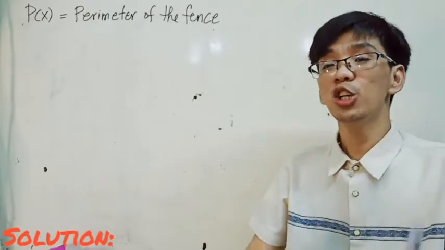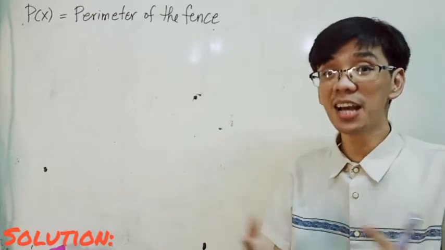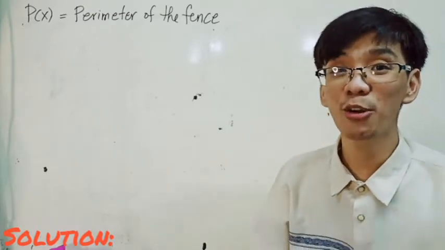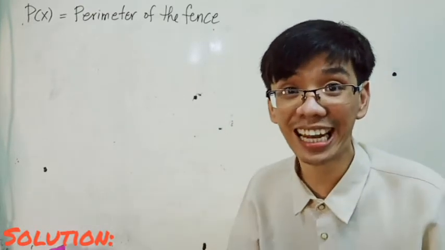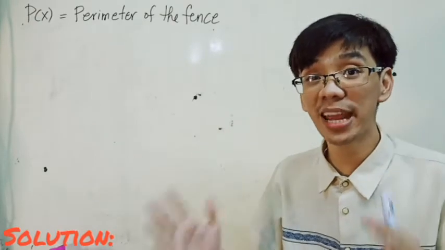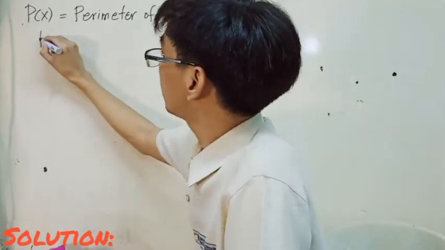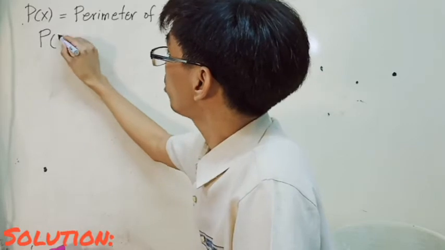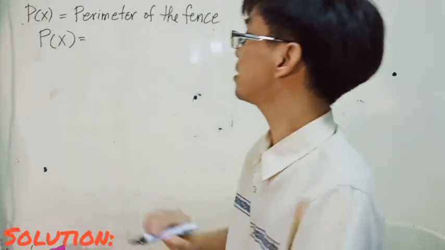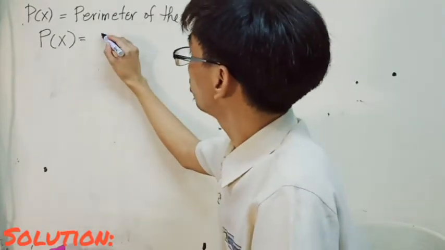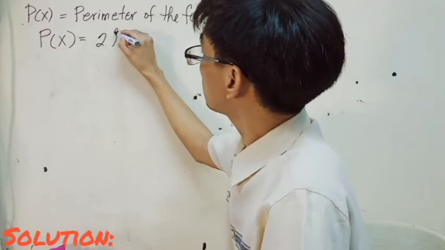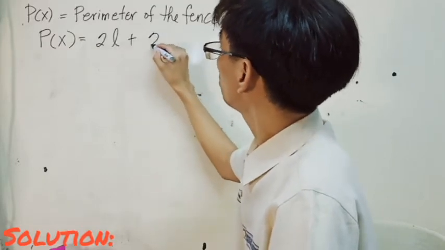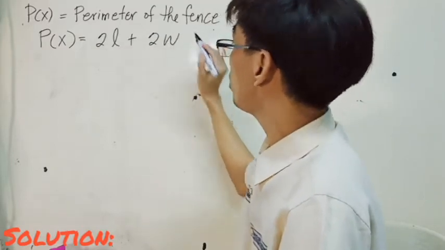First, we need to recall the formula for the perimeter of any rectangle. We all know that perimeter, using p of x as a representation, is equal to 2 times the length plus 2 times the width.